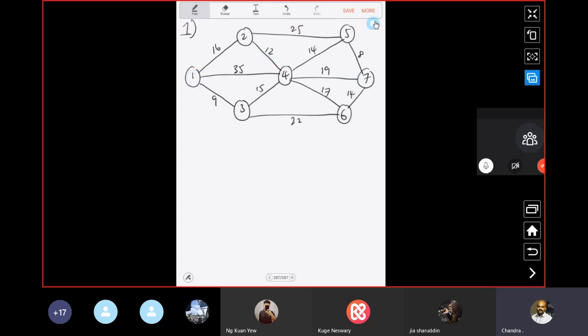You can go like this, like this, like this. If you want to go to 7 from 1, what would be the shortest route? Is this, or this, or this? We're going to find the shortest route from one point to another point. Let us start the process.